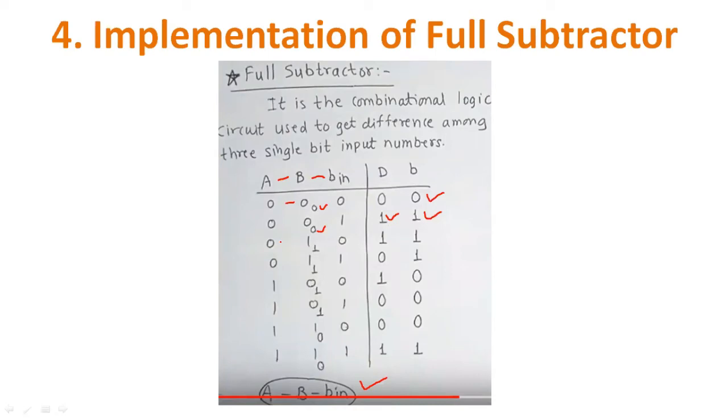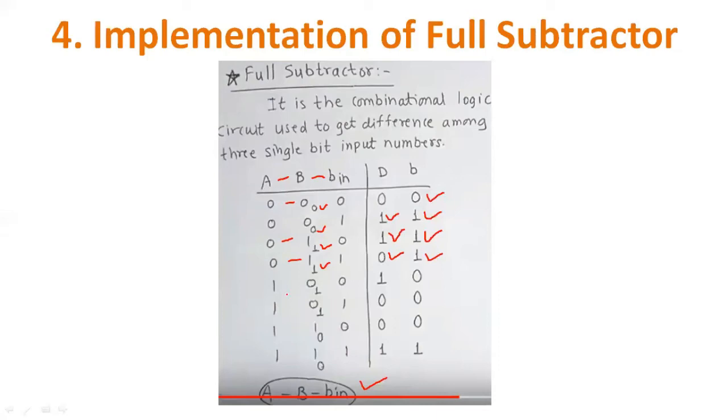Then 0 minus 1, the difference will be 1, that means the result is negative here, so the borrow will be generated immediately. And 1 minus 0, the difference is 1, so D is written as 1. Then next 0 minus 1, the difference is 1, so immediately the borrow is written, and 1 minus 1, the difference is 0, so 0 is written here.